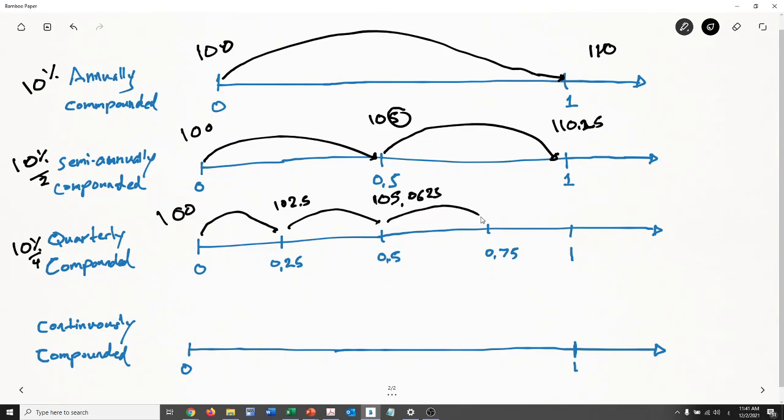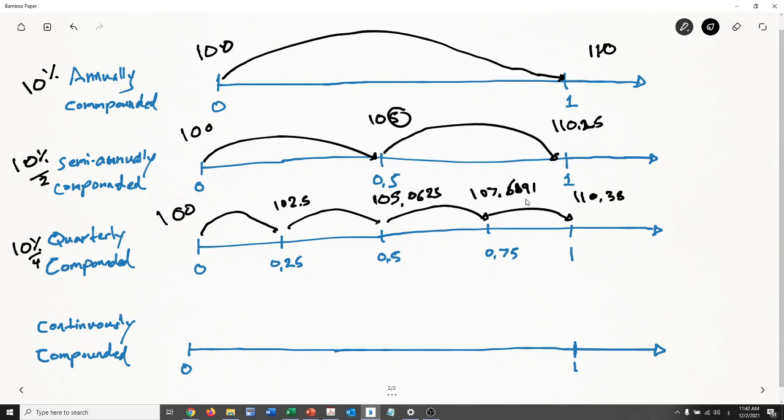After another 3 months, which means after 9 months, we will get 107.66891, and after another 3 months, which is after 1 year, we will get 110.38.